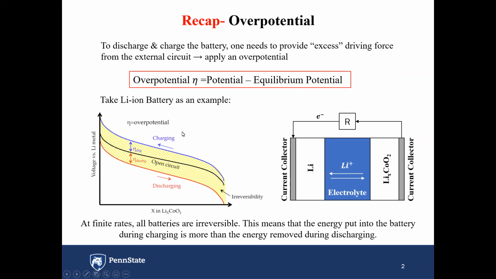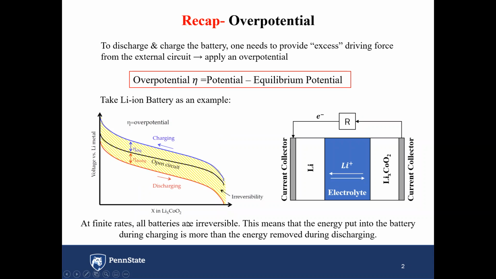But when we pass a positive or negative current, we get a deviation from the equilibrium potential, and both the blue curve and the red curve show the overpotential, one side a positive overpotential and one side a negative overpotential, right?